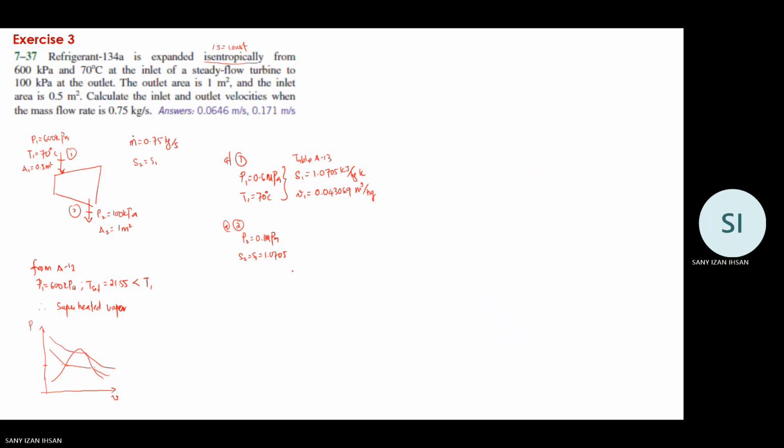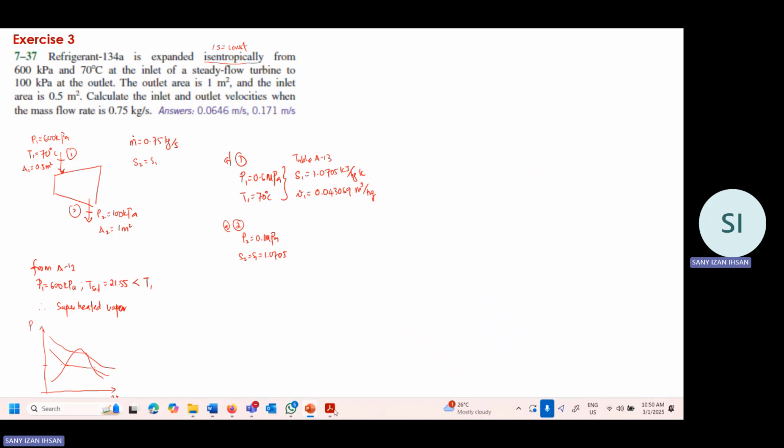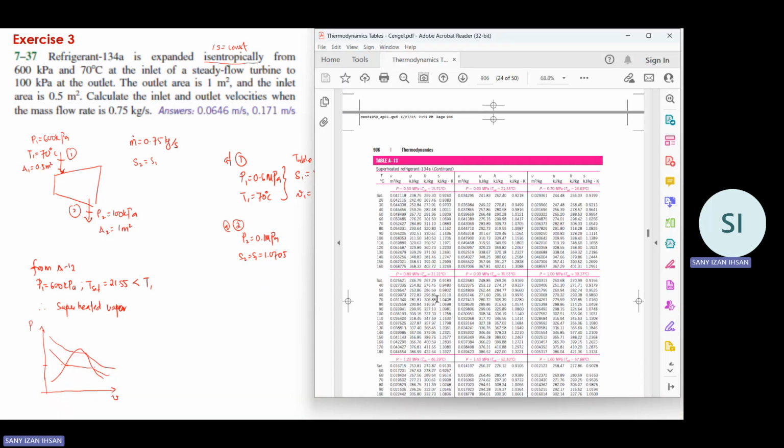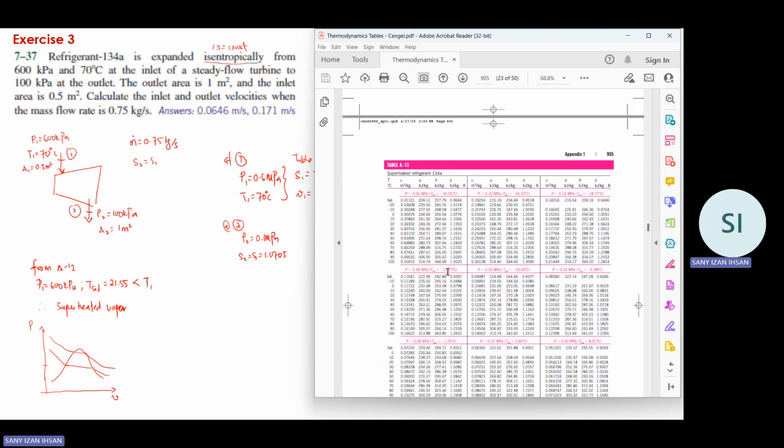Okay, so let's check. Are we still in the superheated region, or is it already in the mixed region? If you go back to the table A13, pressure equals 0.1 megapascal, and see whether your S is within somewhere.